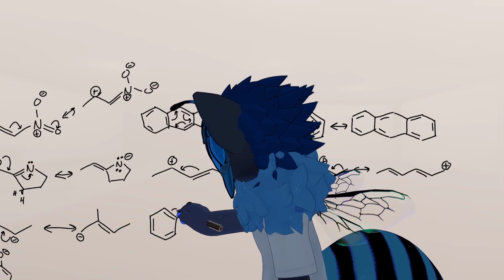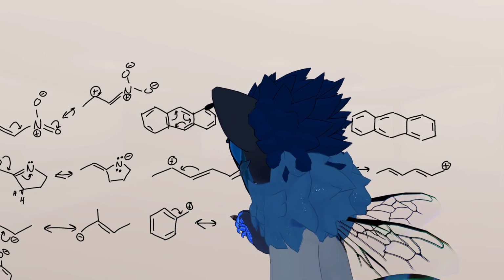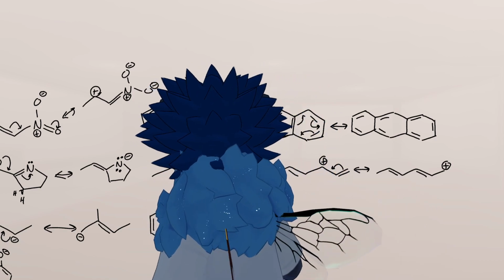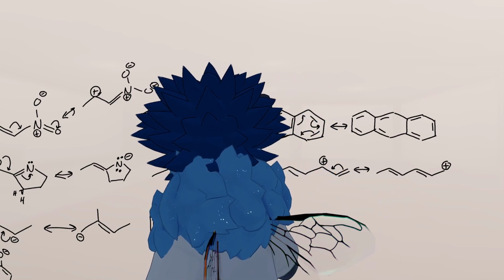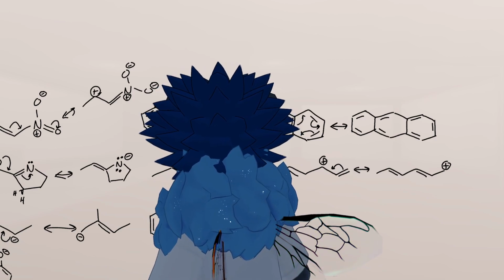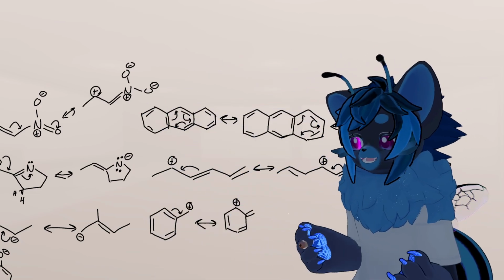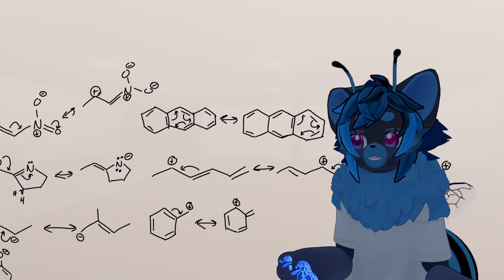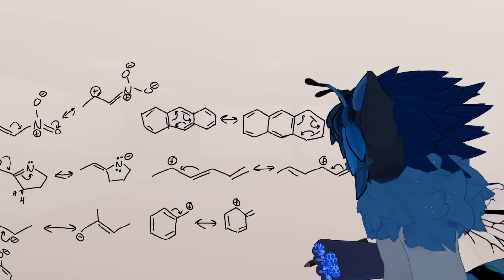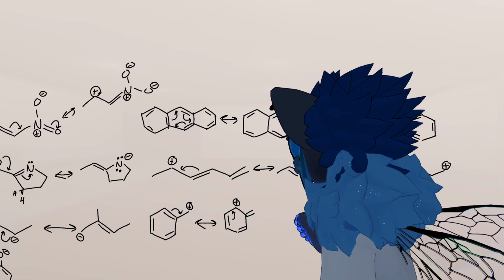So we see that this pi bond can move to that positive charge and move the positive charge onto that carbon. Well, it can still move. There's still double bonds next to it, like this double bond right here, it can move.